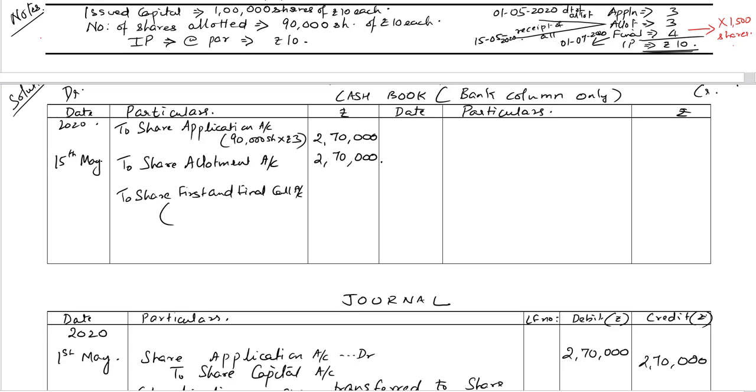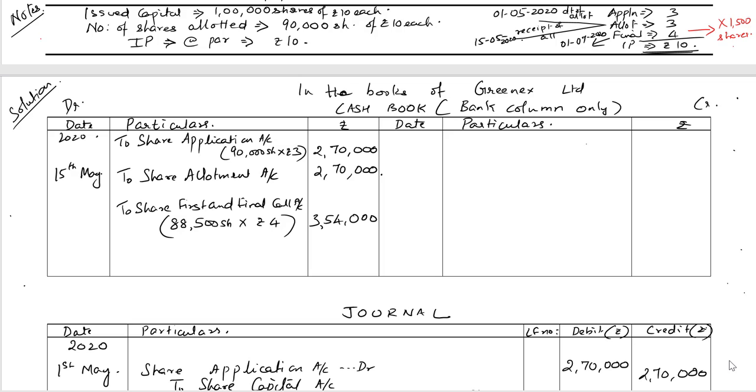So the amount received is 88,500 shares multiplied by rupees 4 per share. That comes up to 3,54,000. The entries are done. Let's balance the cash book.